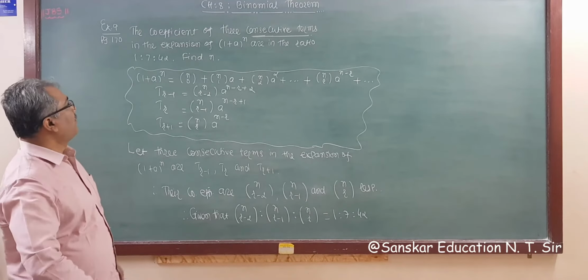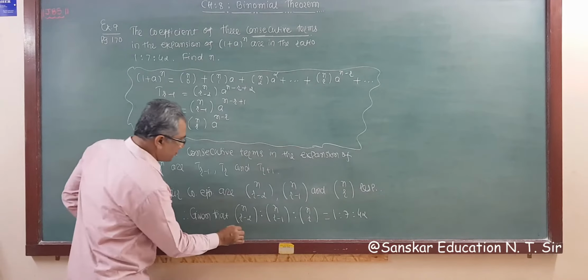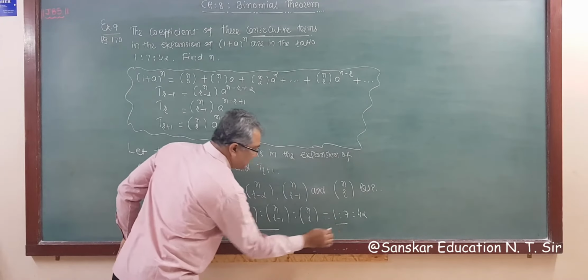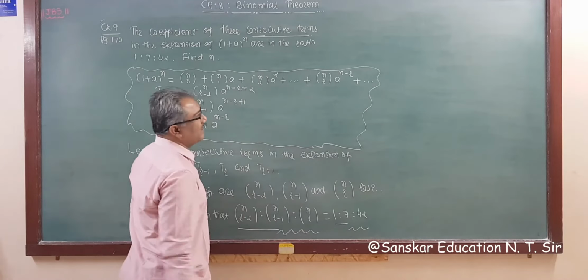Okay, so we have to find only n here. So now we take these two ratios equal to this, and then we take this ratio equal to this.